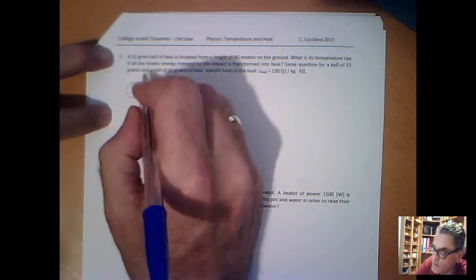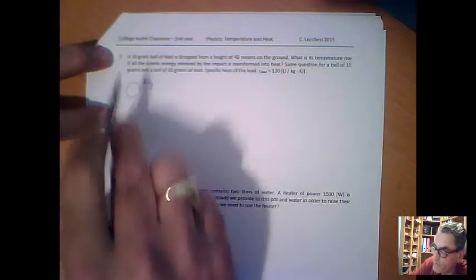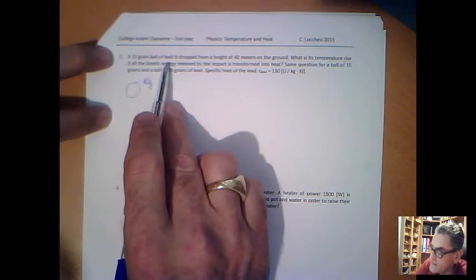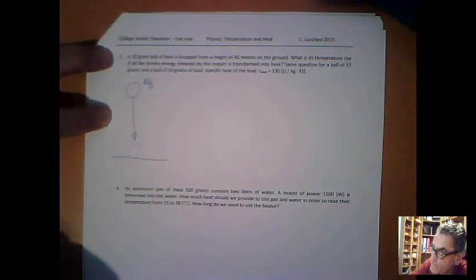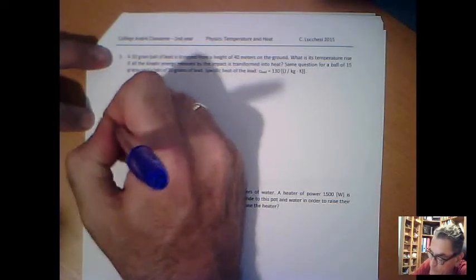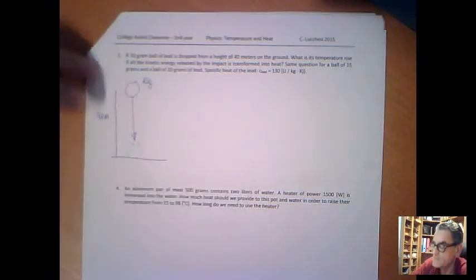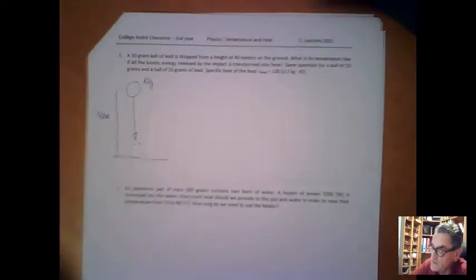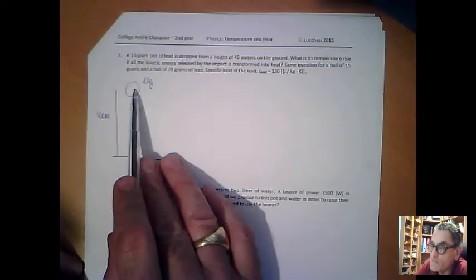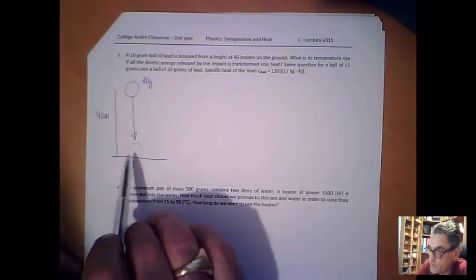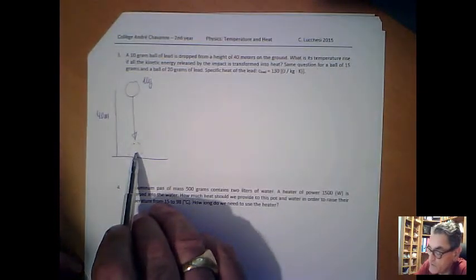Please try number 3. So now you have, well, let's do the drawing. Okay, we have a 10-gram ball of lead. And this ball of lead, this is a different problem. This ball of lead, we let it fall on the ground from a height of 40 meters. Okay, we let it fall. So of course it's going to acquire some energy. I mean, the potential energy the ball has here is going to transform into kinetic energy when the ball touches the ground.